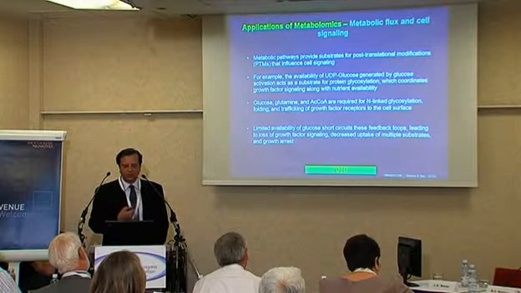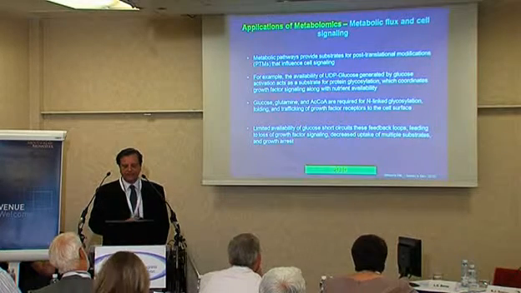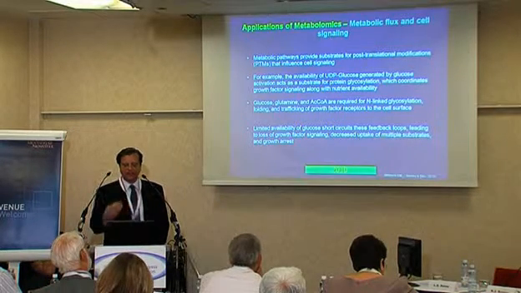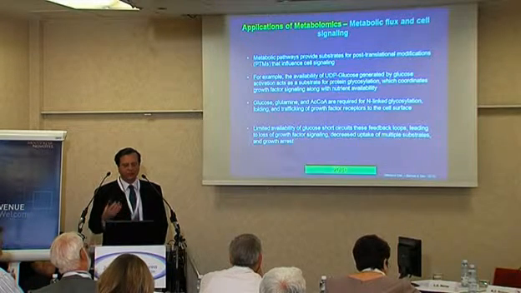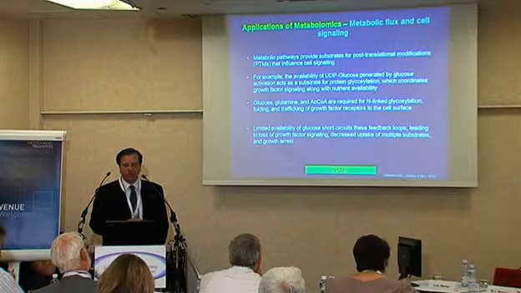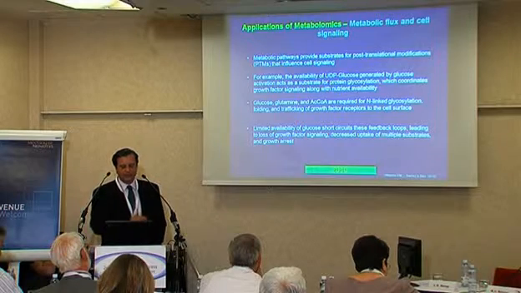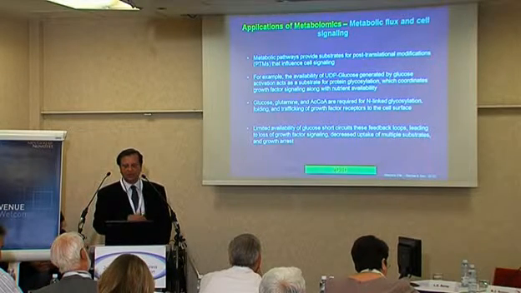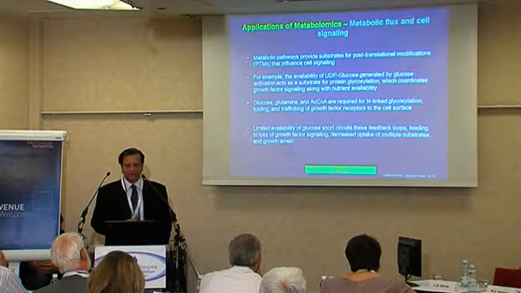UDP glucose, which is one of these substrates that can glycosylate proteins, is the product of glucose activation. So obviously, metabolism and glucose transport has to be involved in cell growth other than just lactate production. And glucose, glutamine, and acetyl coenzyme A are all required for glycosylation, for example.